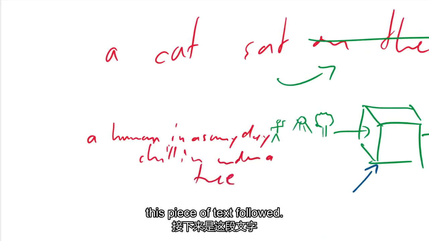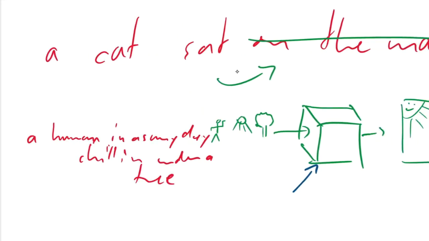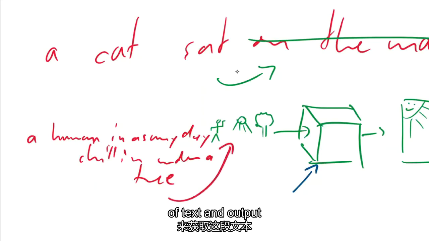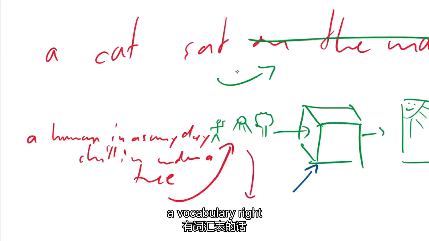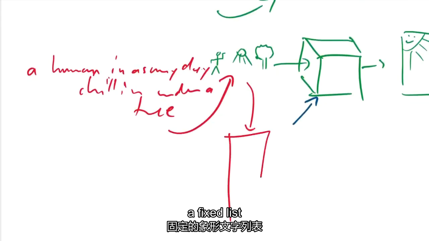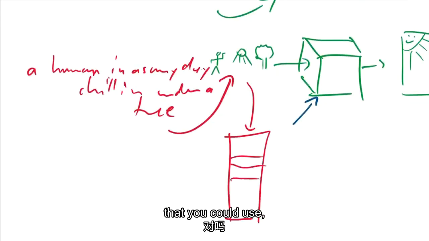So this piece of text followed. The model is trained to take this piece of text and output this sequence of hieroglyphs. That's something a transformer can do if you have a vocabulary right here, a fixed list of hieroglyphs that you could use.